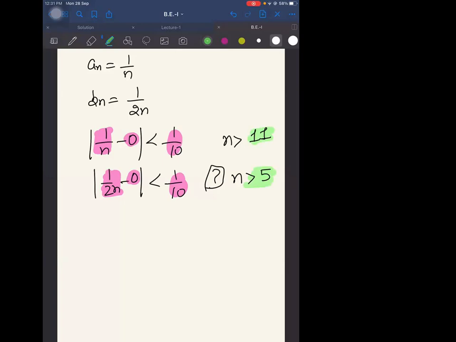But suppose I want to make this happen for every n after some point. So what should I say? The second sequence starts working just after 5, but the first one is a little bit slower, and its inequality will start being satisfied after n is greater than 11. So suppose I want to find the common place where both these inequalities are satisfied. What is that common place?